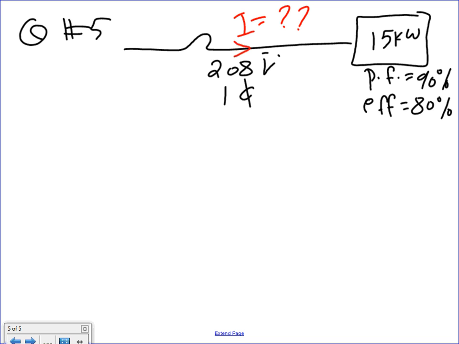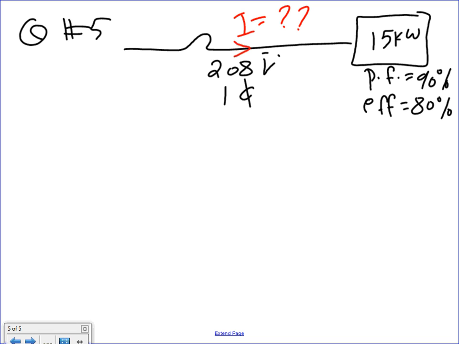The first row says amps when horsepower is given, single phase. You're looking at single phase, except I'm not giving you a horsepower, I'm giving you a kW. So instead of horsepower times 746, you just put kW.